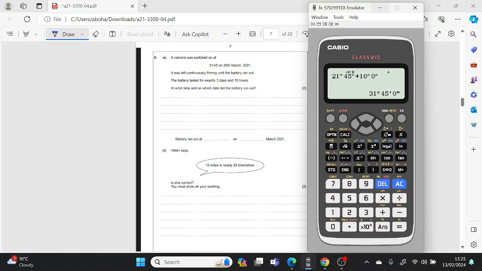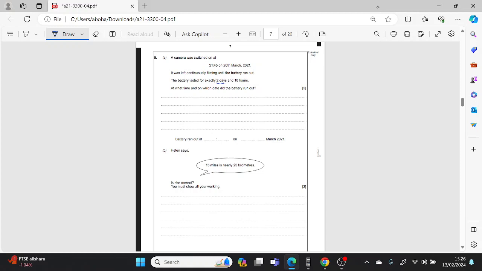If you do that, well, we know there's 24 hours in a day. So if you take 24 away from that 31, then the answer is going to be 7:45 a.m. So we know it's going to be 7:45 a.m. on the 21st, but now we need to go another 2 days forward.